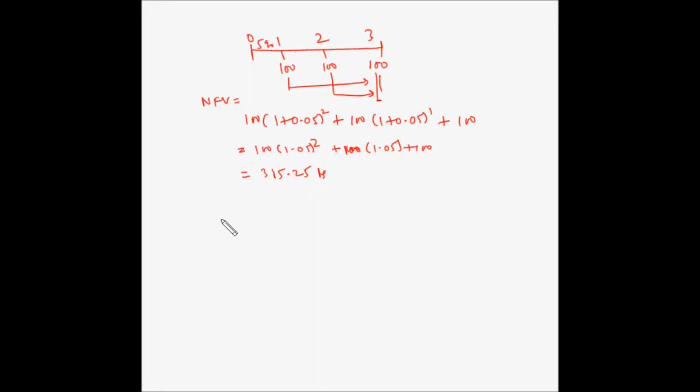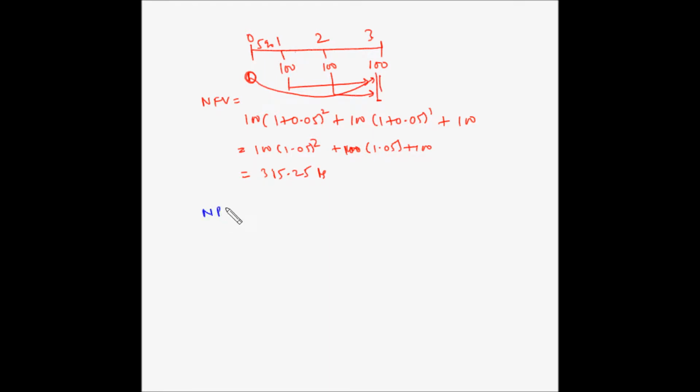So this is the future value or the net future value of this cash flow stream. Now let's use a different method. Let's first find out the net present value and then we will find the net future value. So the net present value will give us a lump sum and then we will find the net future value of this lump sum.